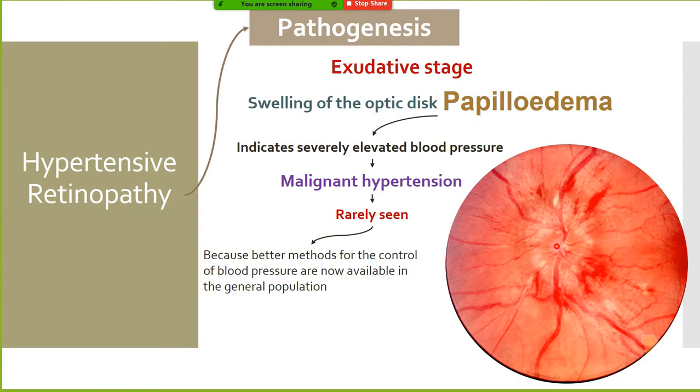Papilloedema indicates that there is highly elevated blood pressure and malignant hypertension which has caused changes in the retina. The major treatment concerning papilloedema comes down to controlling the blood pressure.